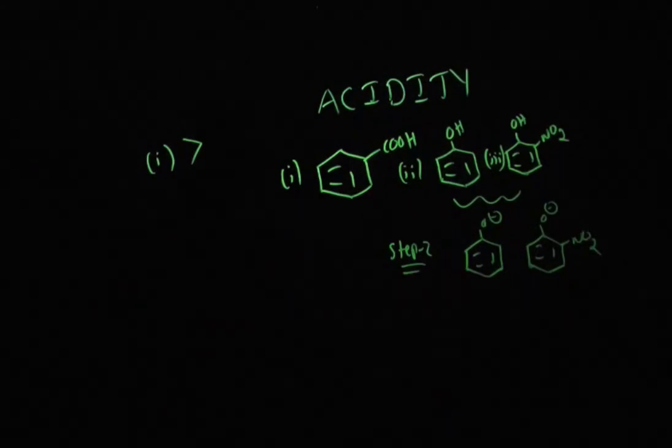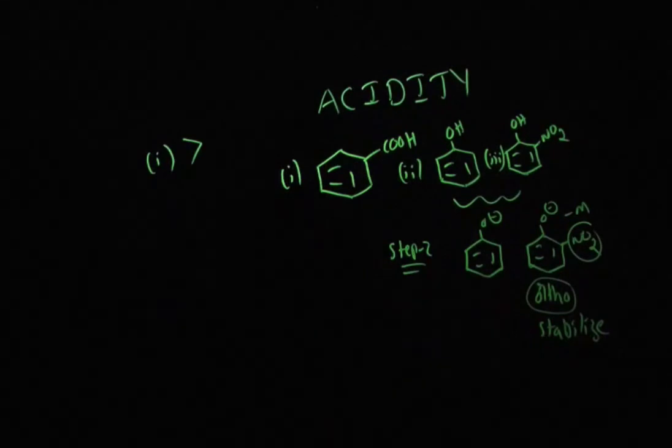In option 3 you can clearly see the NO2 group, which is a minus M group. The minus M group is at the ortho position, which means it will show the minus M effect anyway. If it is at the meta position, it won't show the minus M effect. That means the minus M group at the ortho position will stabilize the negative charge.